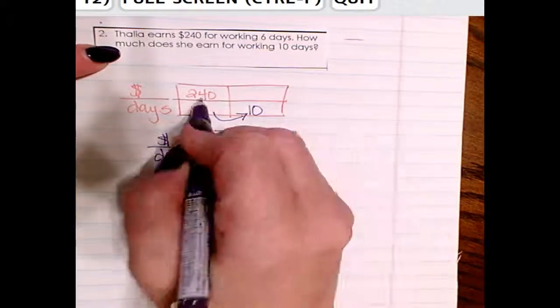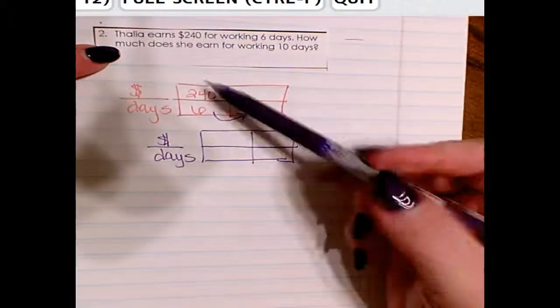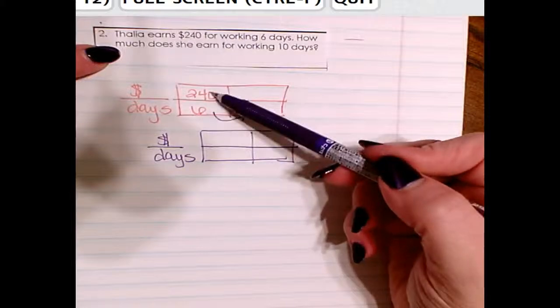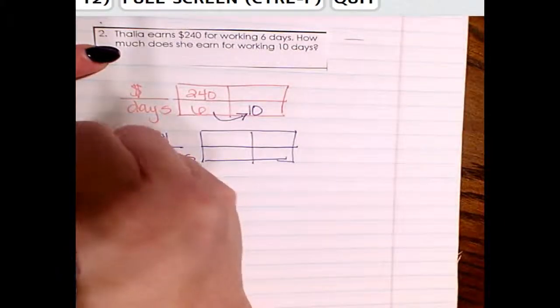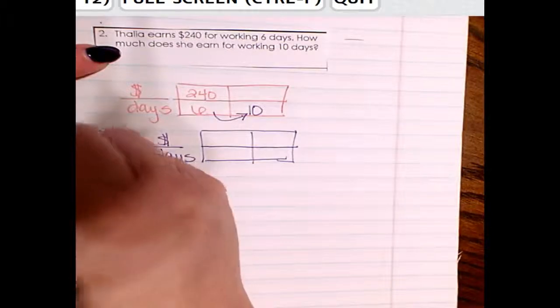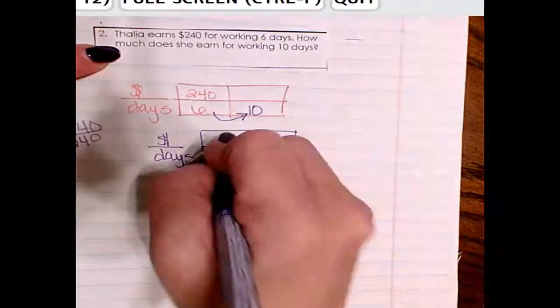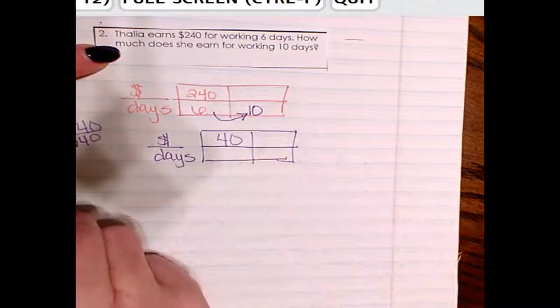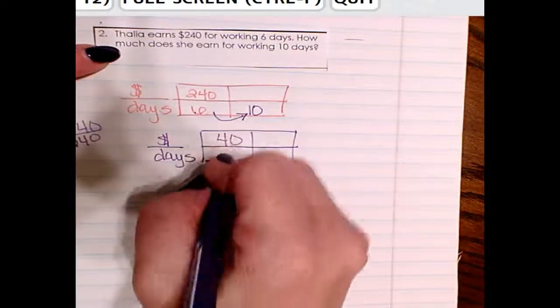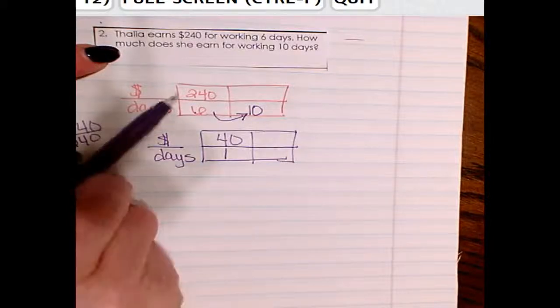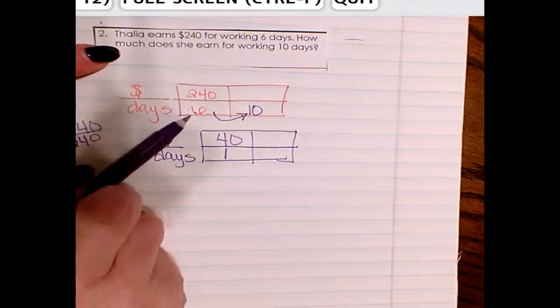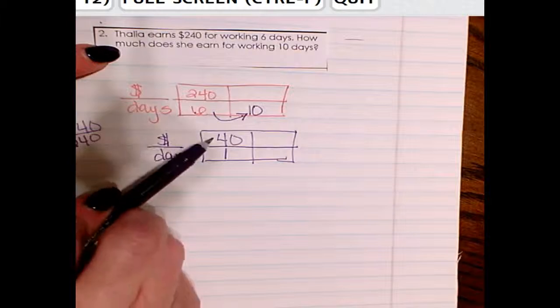But when we simplify 240 and 6, we can divide both of those by 6. 240 divided by 6 is 40. 6 divided by 6 is 1. So we just divide 240 by 6 and 6 by 6 to get 40 over 1.